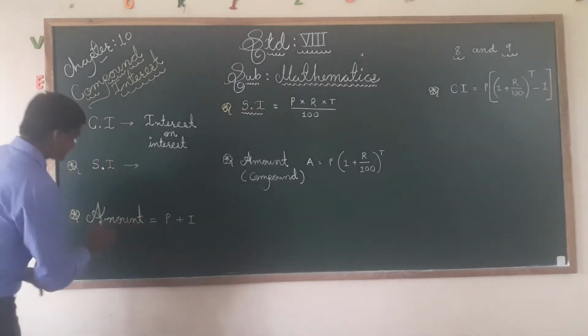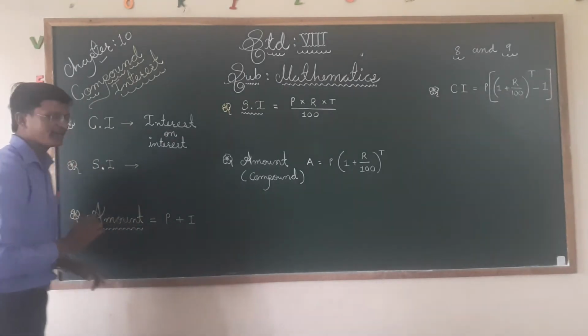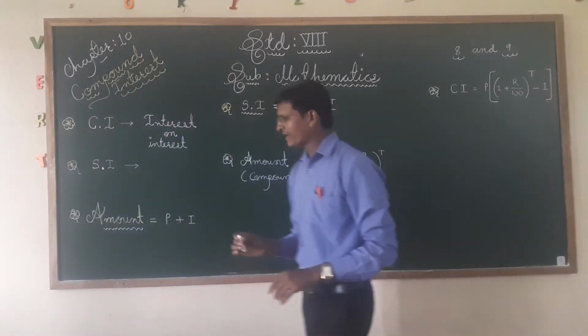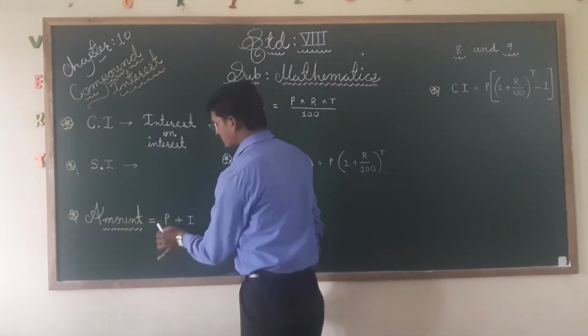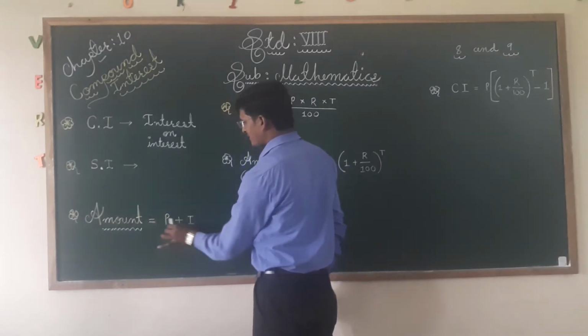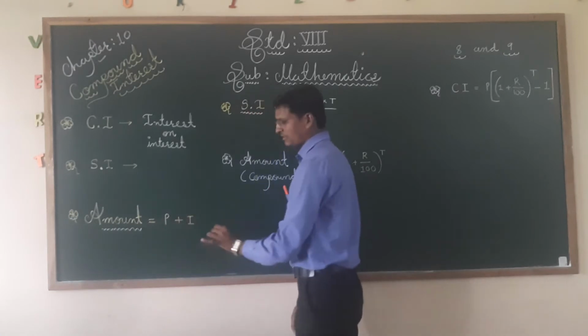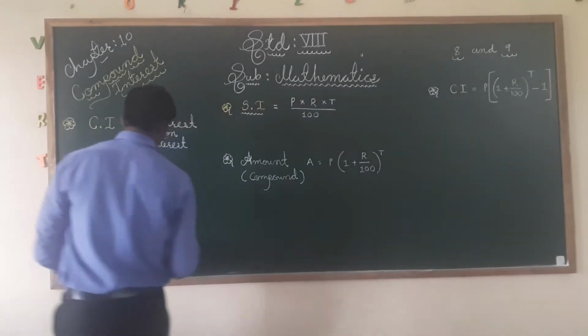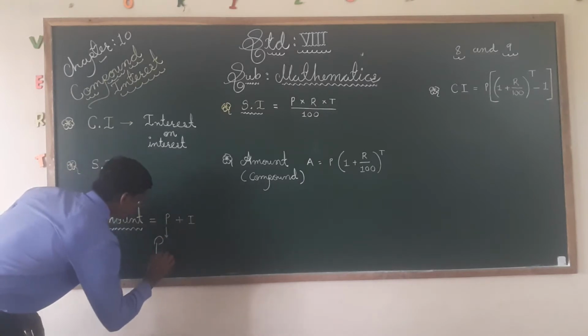When we take any amount from the bank or any financial office, the amount they give is P and I. Now what is P and I? P is for the principal and I is for the interest.